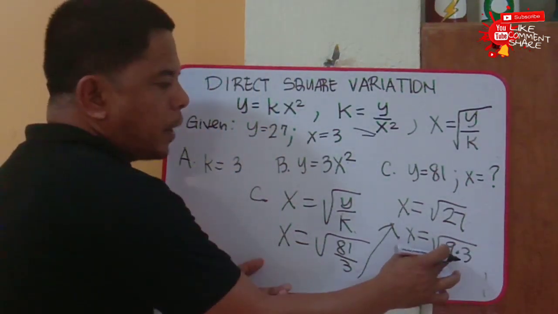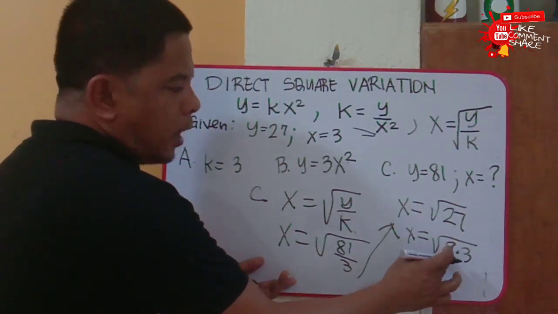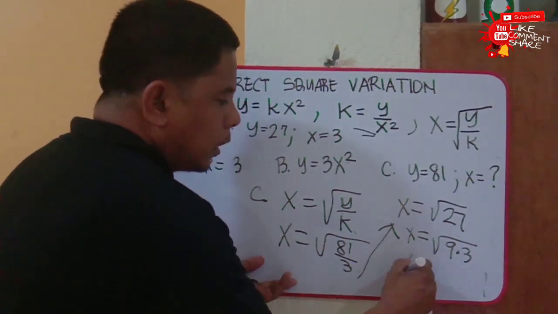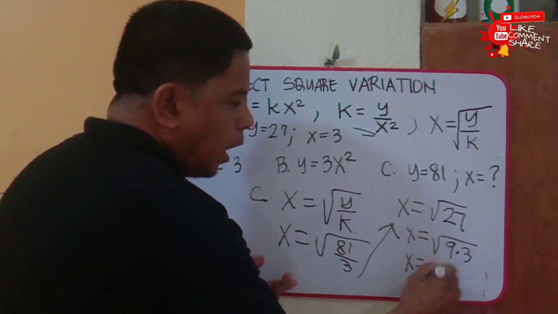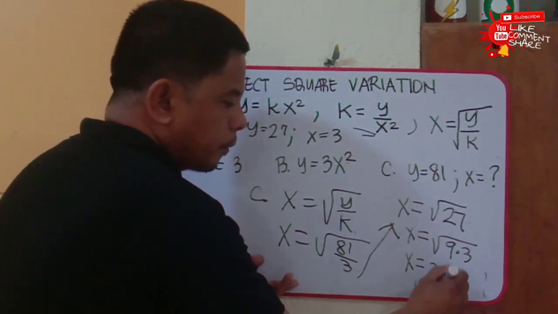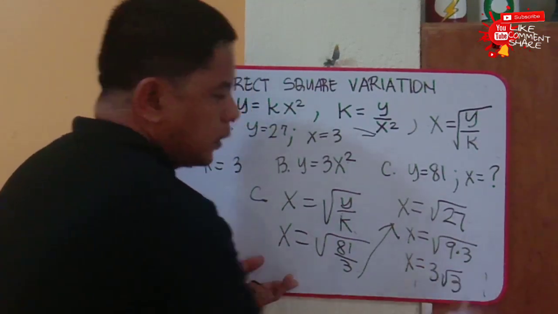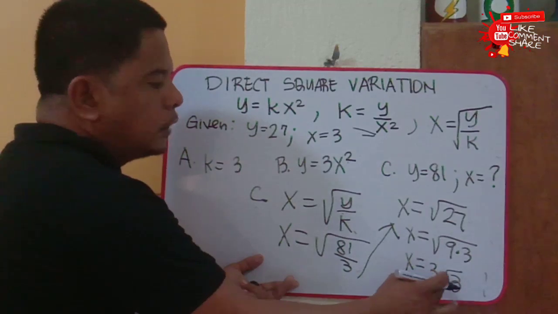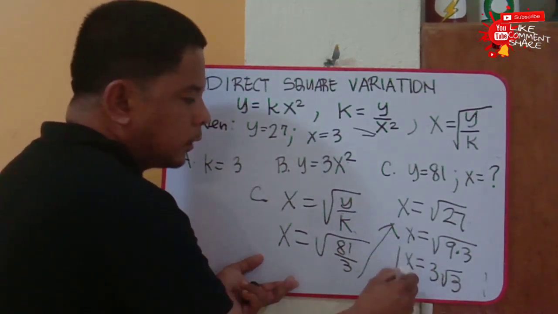Okay, 9 is a perfect square. So, pwede na natin kunin. Ano ang square root of 9? So, that is 3. Okay? And square root of 3 is also square root of 3. So, that is the value of x. X equals 3 square root of 3.